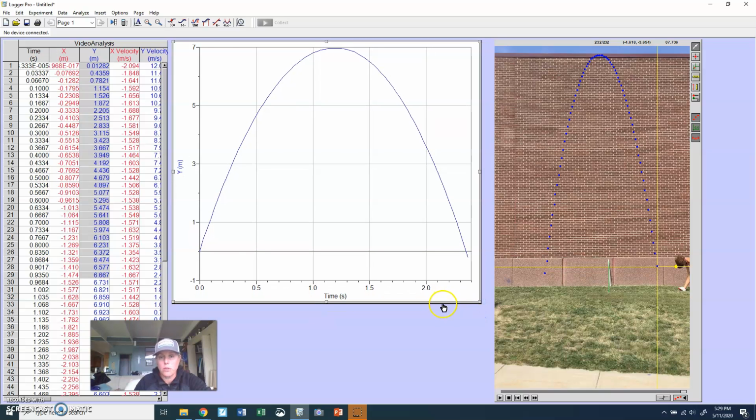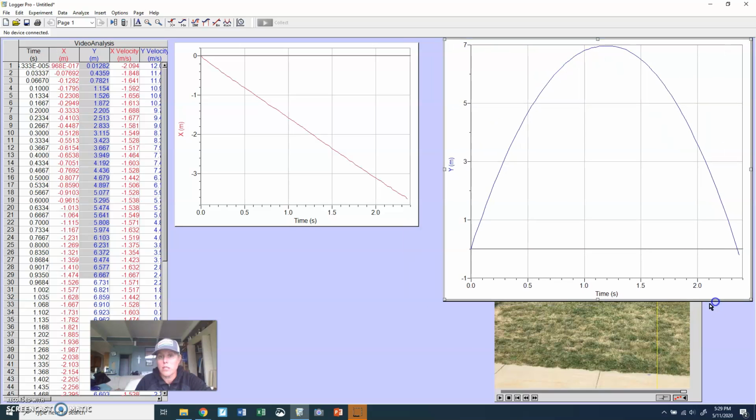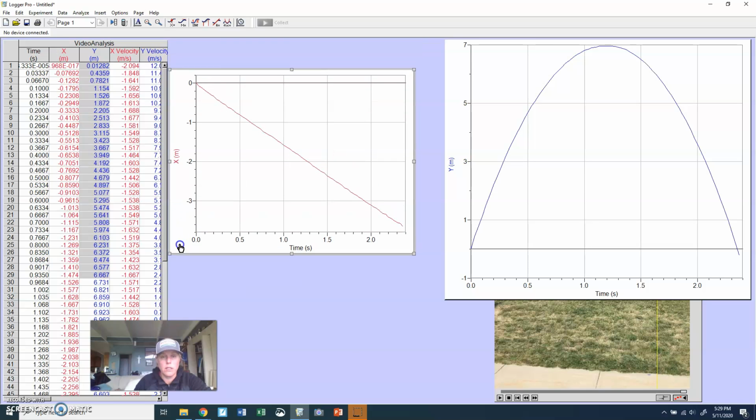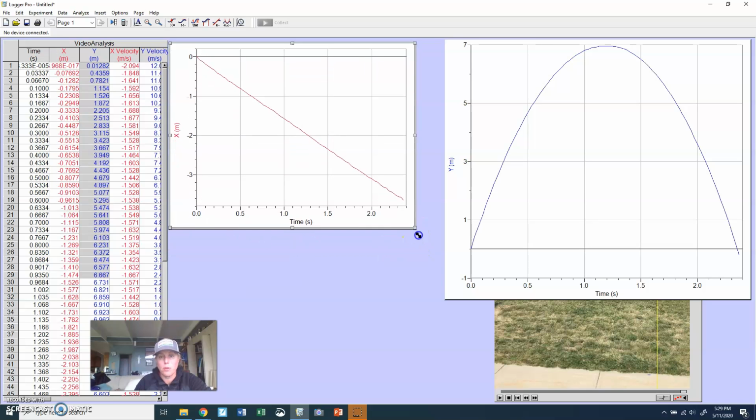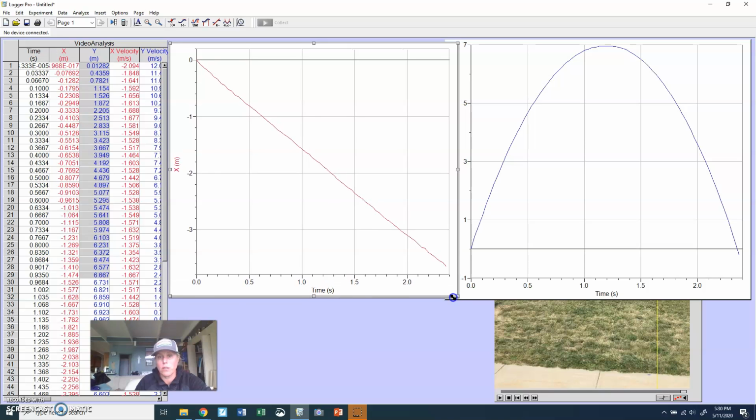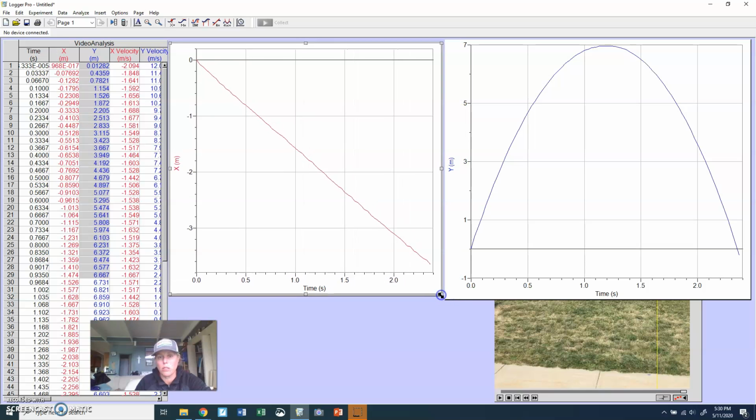What I think is really cool is how different they are. Horizontally, there's a type of motion, and vertically, there's another distinct type of motion. Essentially, they can be isolated. As an object moves in two dimensions, meaning it has a vertical component and a horizontal component, they act independently.